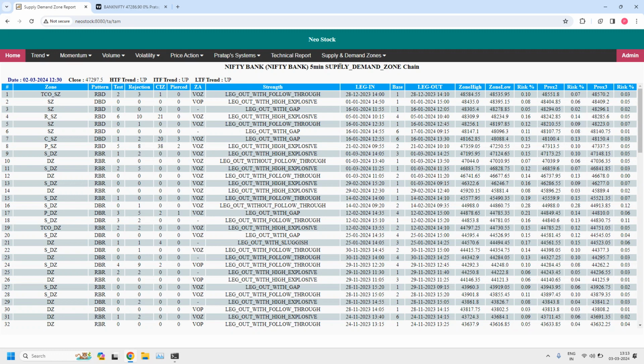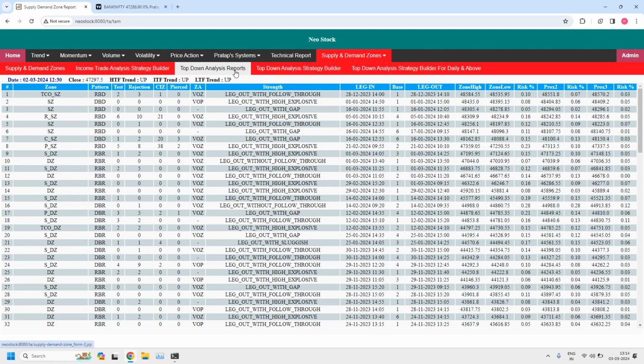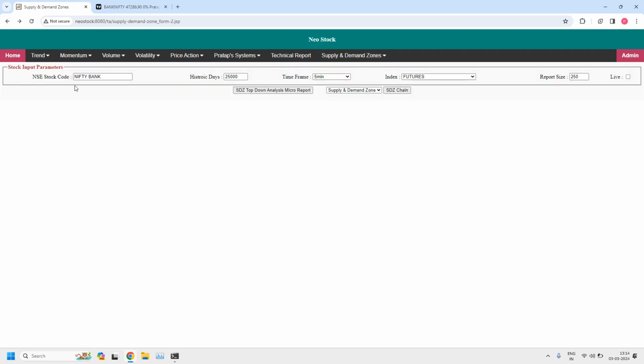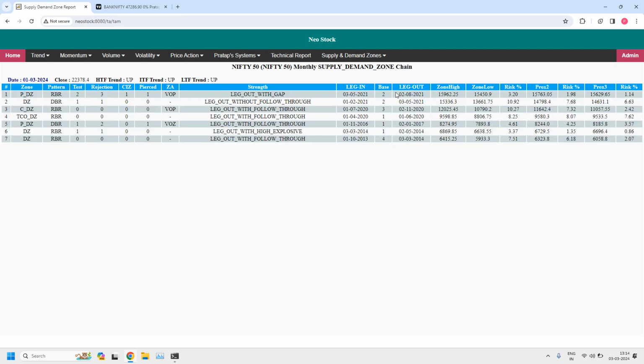So let me change to Nifty. I'm going back. So this is Nifty 50. Let me start from the monthly time frame. Already you have seen monthly, there is not much difference between monthly and weekly, but still, let me give you the list.